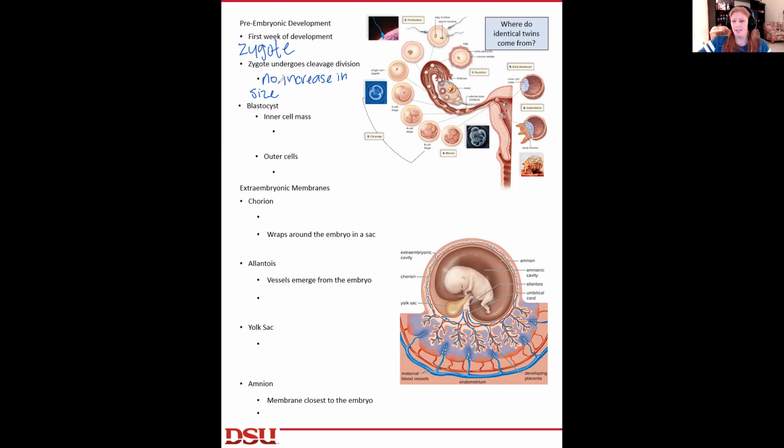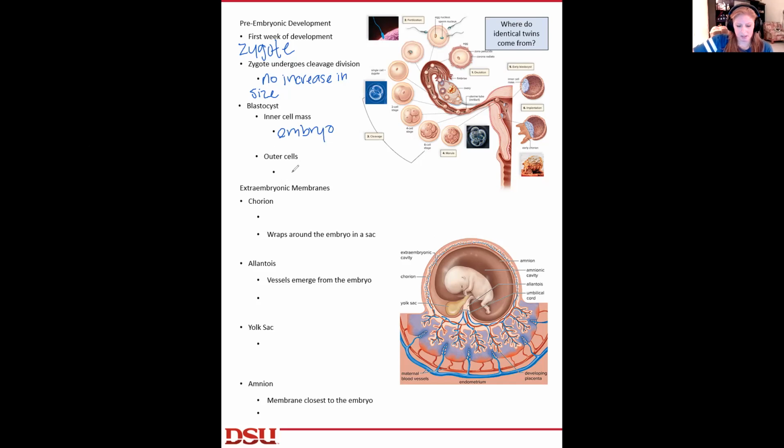And then we move on to a stage called the blastocyst. The blastocyst consists of an inner cell mass, which will become the embryo. And then an outer cell ring, kind of.